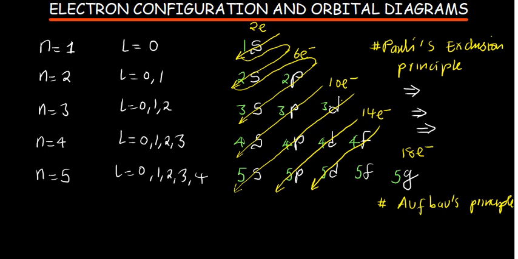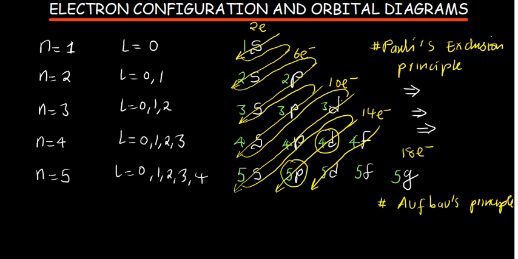After that, you follow it up again. You fill the 3p and then the 4s. After that, you follow the arrow up again. You fill the 3d, the 4p, the 5s, not electron but orbital. After that, you follow it up again. You fill the 4d and then the 5p.